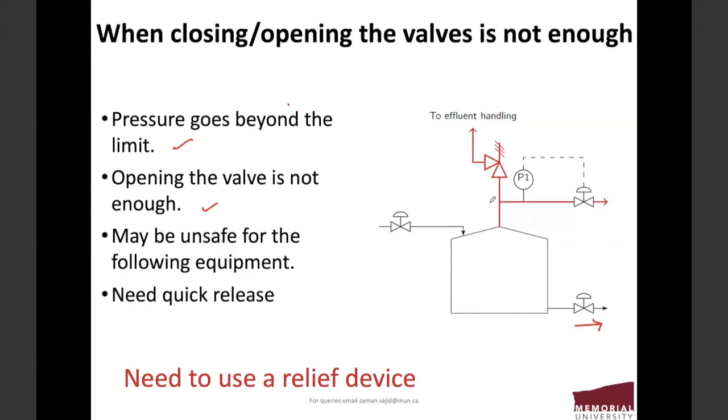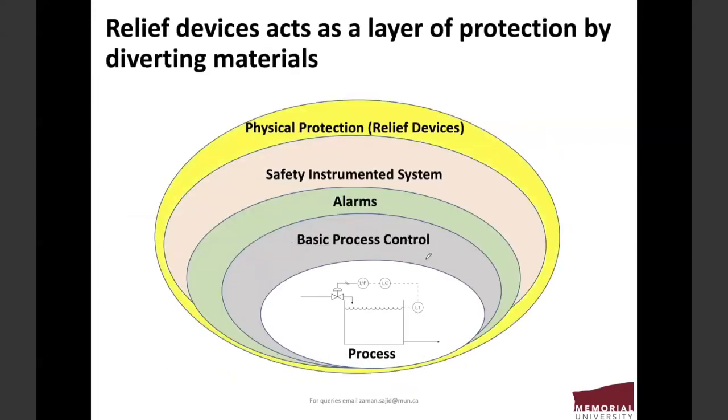So what could be the next step? We need to have some relief devices. This is the instrumentation symbol that we use for the relief device. So we need some relief device that can release the material out of our system so that it can safely shut down. And this is what introduces our next layer of protection for our process, which is called physical protection or relief devices.